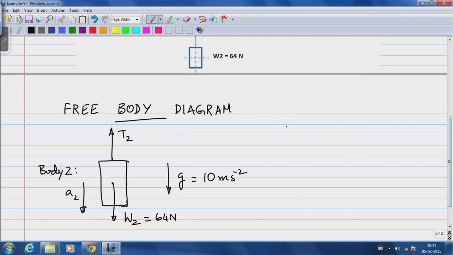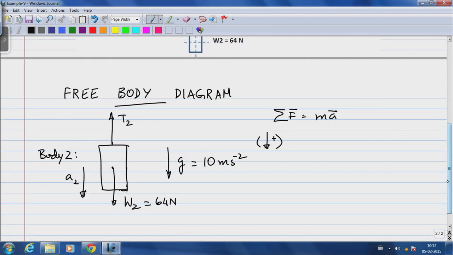Now the first law, Euler's first law, says sum of all forces is mass times acceleration, and I am going to take downward forces as positive as my convention for applying this law here: minus T2 plus 64, which is my W2, equals the mass, which is 64 divided by 10, times acceleration.